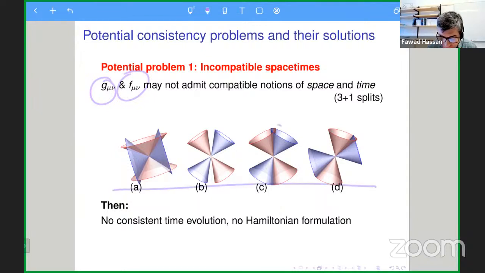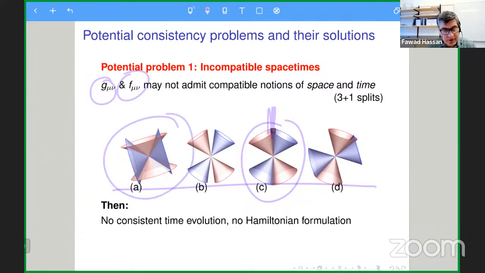This is a good configuration because the null cones intersect, so you have a common time direction here, especially if they remain locked. This is a very bad configuration, because in this configuration you have no space-like surface which is space-like for both of them. If you draw a space-like surface for the red metric, for the blue metric this is time-like. So this configuration has no common space-like surface for both metrics.